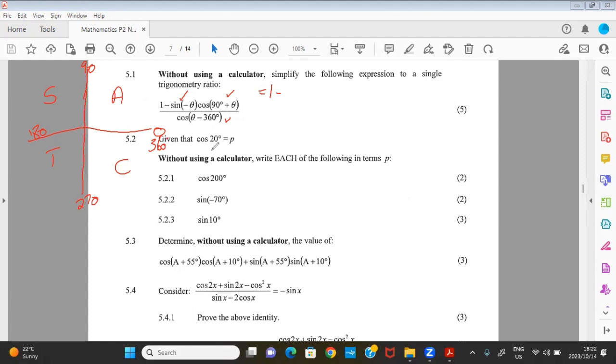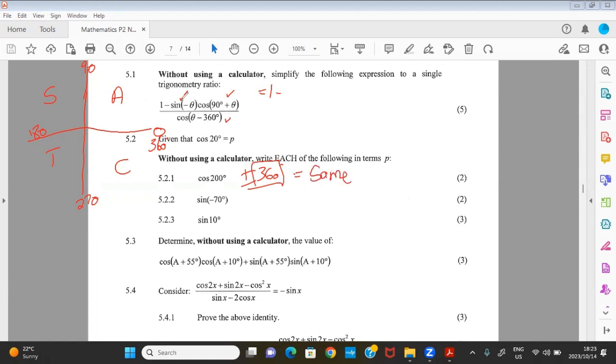So when we have a negative angle, what you're going to do, since we are measuring our angles around the circle, which is basically giving us a revolution of 360 degrees, it means that whether you add 360 degrees or you subtract it from an angle that you are given, it will remain the same, right?